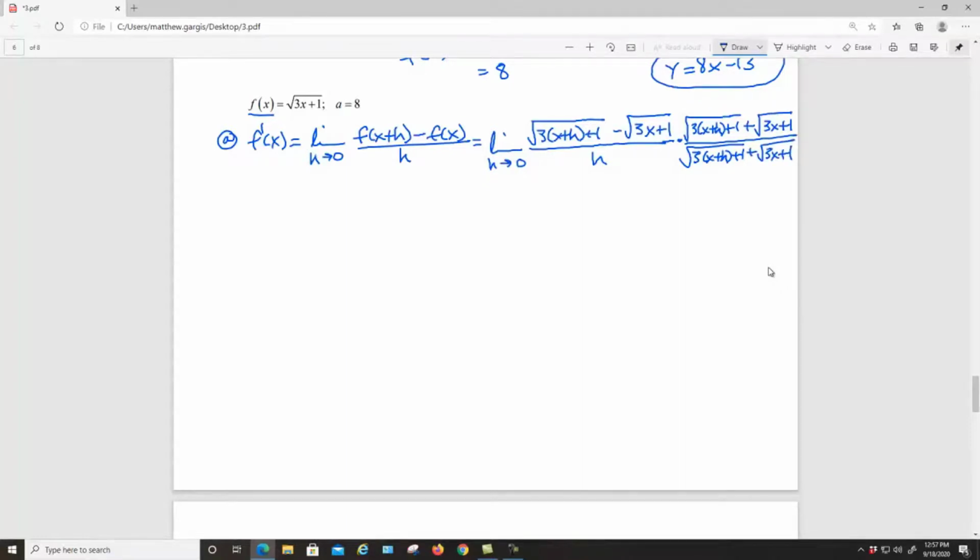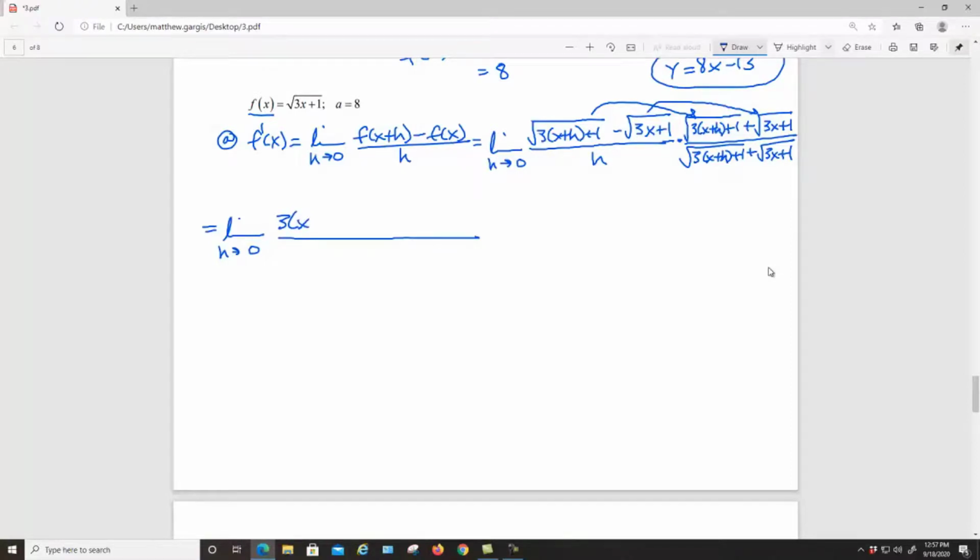Okay, so this will give me the limit as h approaches 0 of. So now these are conjugates, so all I got to do is multiply the first two and the last two. The middle term cancels out, so that really just gets all the radicals to go away.